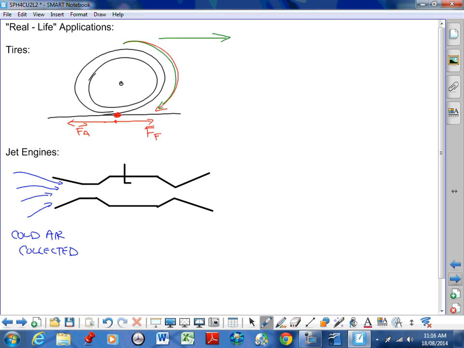It travels, and what we have is fuel entering the chamber, and it gets ignited, which means that there is heat generated in here. So that cool air that gets compressed into this chamber gets heated and drives out the back. Okay? So that's hot air exiting.